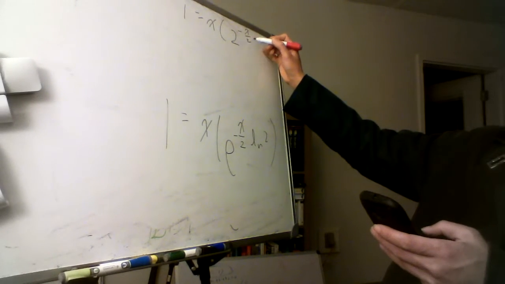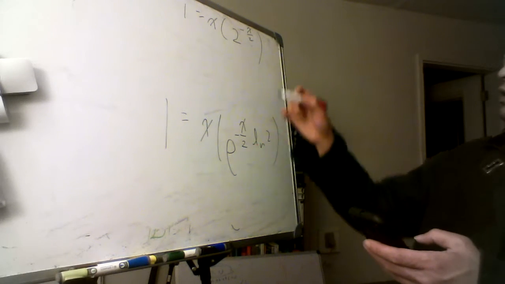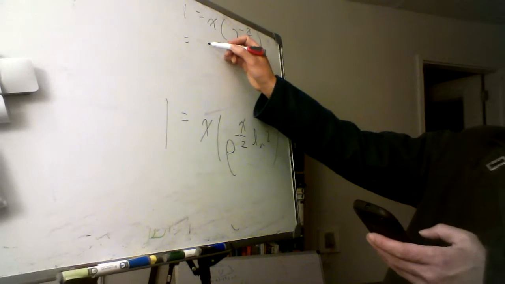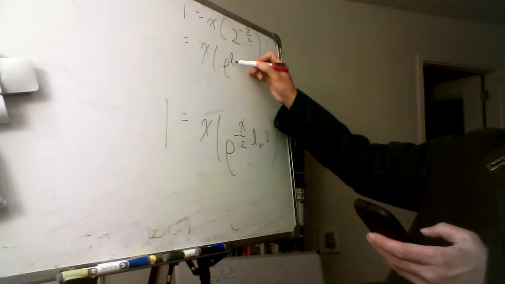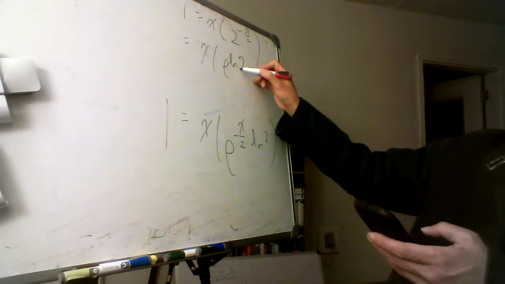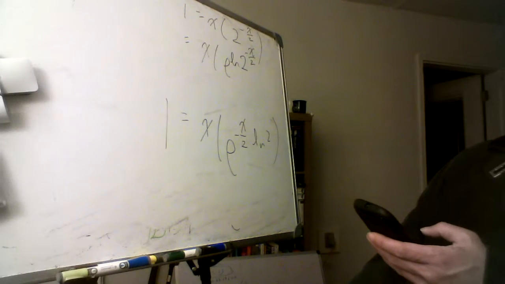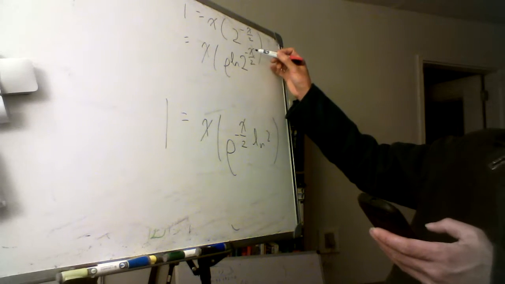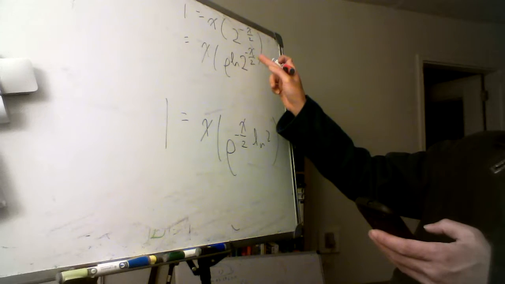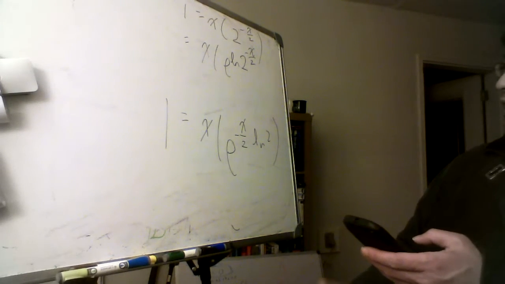So this minus x over 2 goes in front of this ln 2. So that's that. Then what?